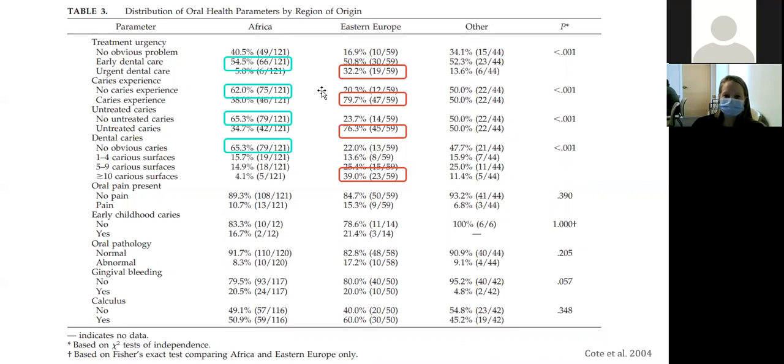These folks were more likely to have had dental disease in the past, to have active untreated dental caries on exam. And when they did have untreated dental caries, they were more likely to have lots of them. So the majority of the people in the Eastern European group had at least 10 caries when they were discovered.